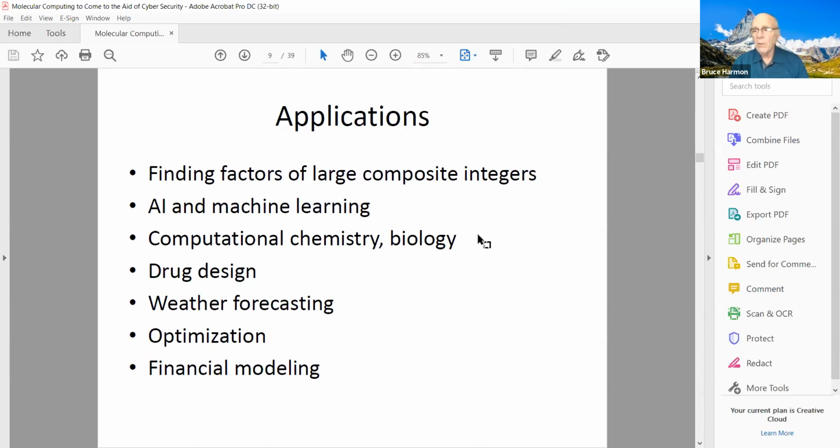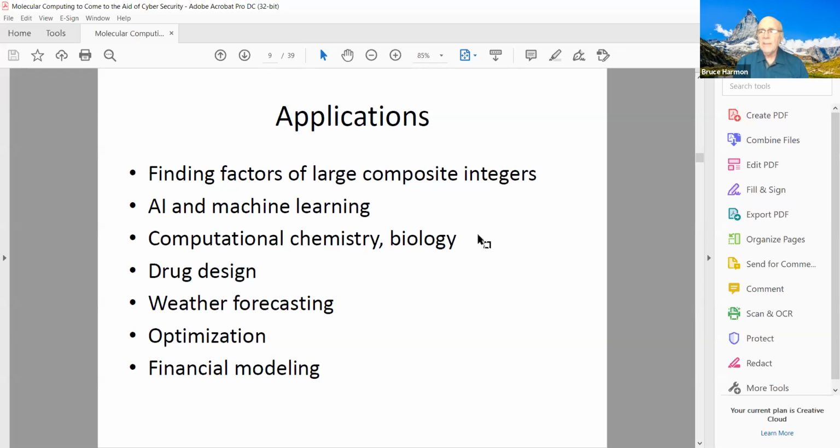But I do want you all to remember that it's being brought about not because it can kill RSA, it's coming about because it can do so many things. We believe it is theoretically possible that it can do so many things that would benefit humankind: AI and machine learning, computational chemistry and biology, the design of new drugs, forecasting of weather, optimization of all kinds, and financial modeling.